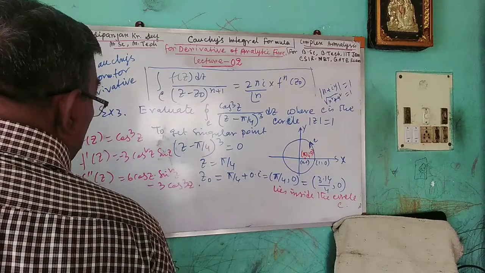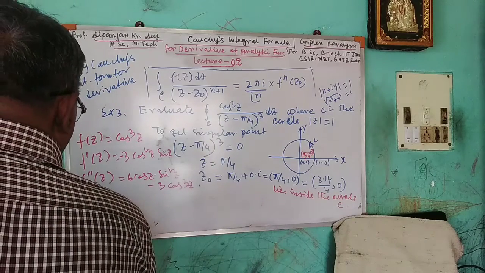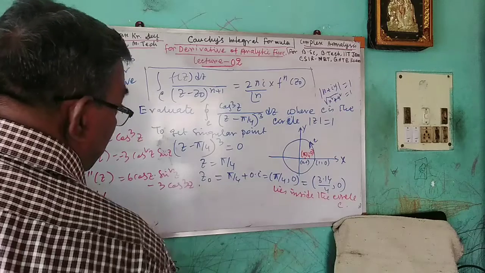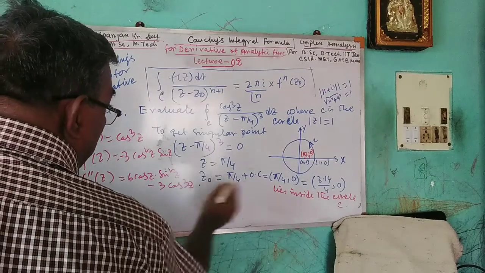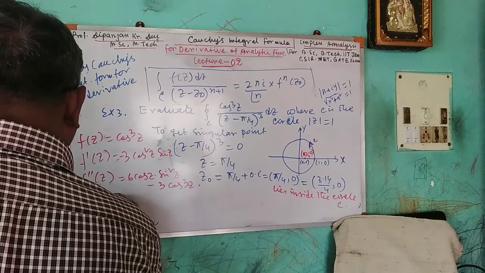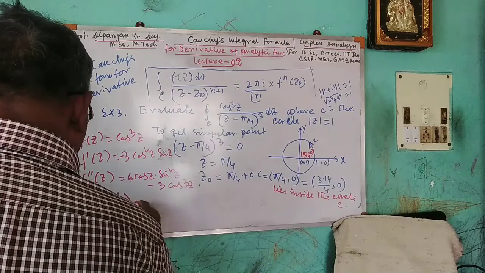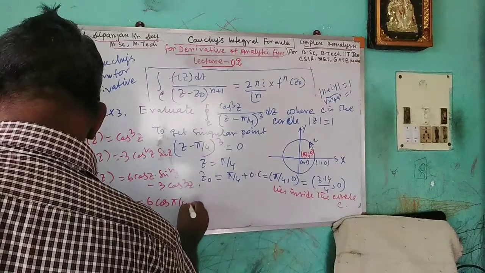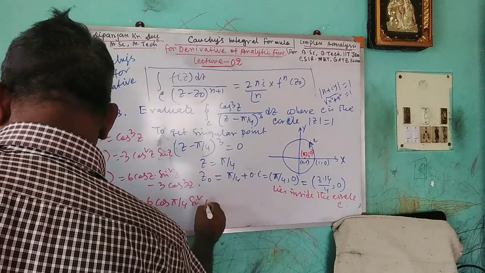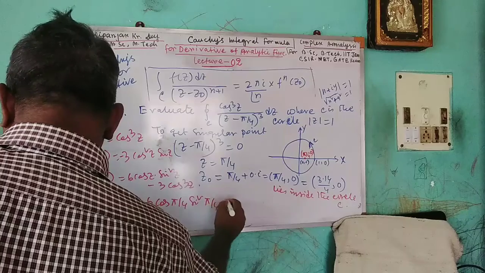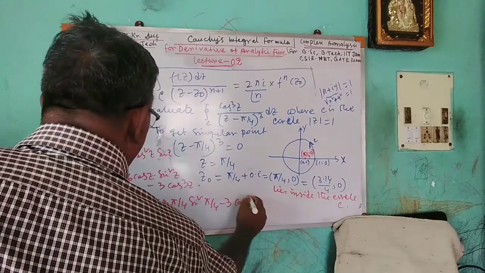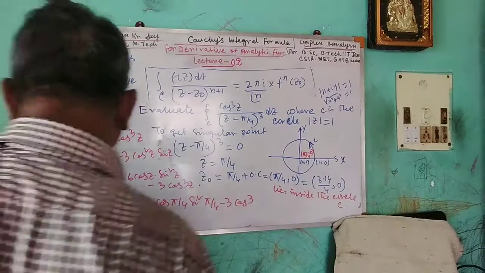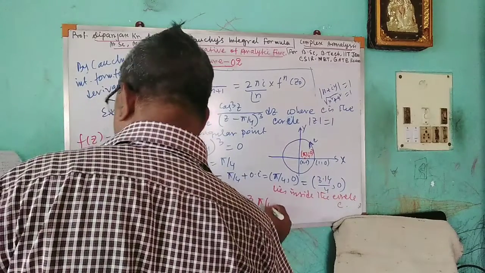Now what is the z value? Pi by 4, that is z0 is pi by 4. F double dash pi by 4 is 6 cos pi by 4 sin square pi by 4 minus 3 cos cubed pi by 4.